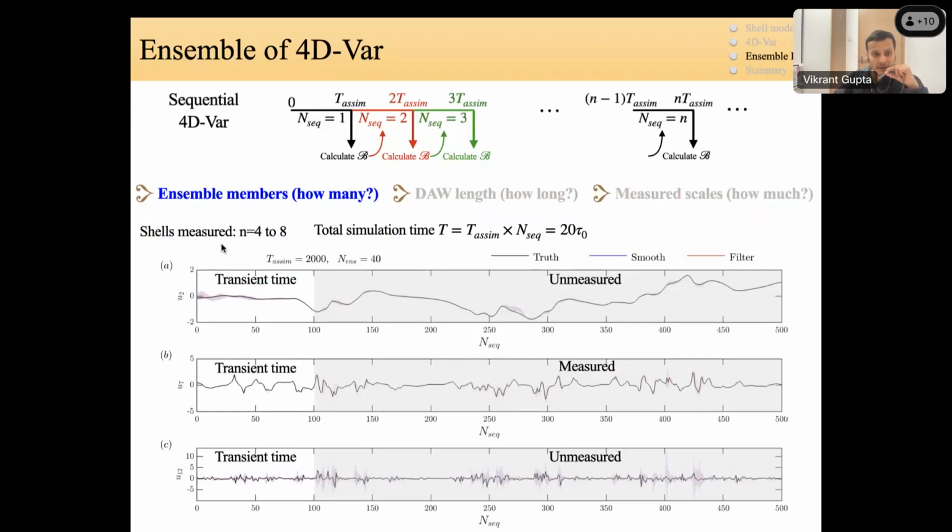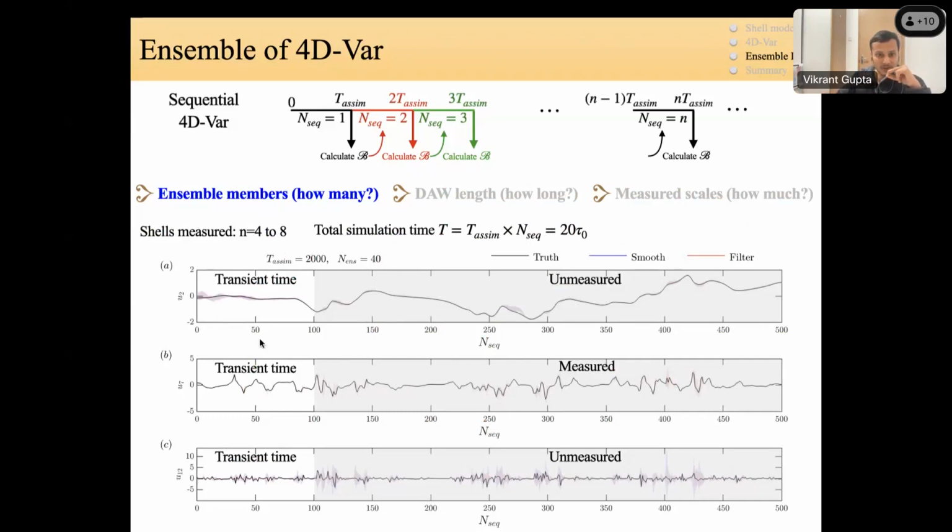We measure shell number 4 to 8, and the total simulation time is equal to T assimilation multiplied by N sequence, so many sequences, and we run this simulation for 20 times the eddy turnover time of the first shell. So we run the simulation for a very long time.